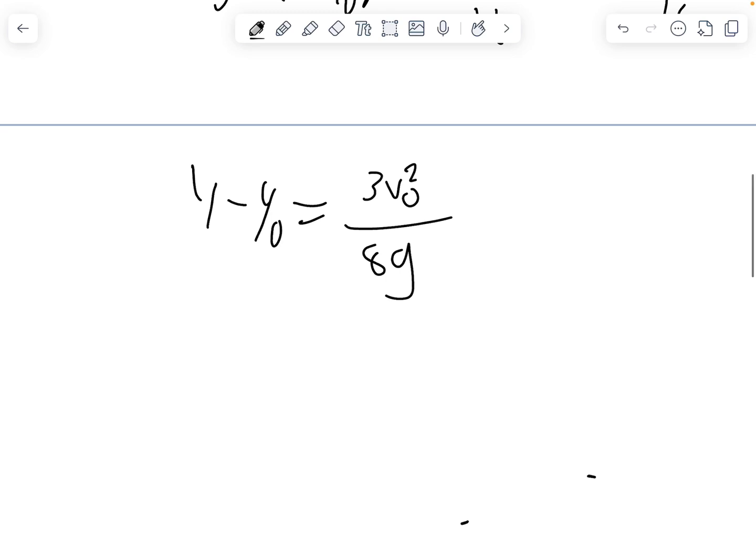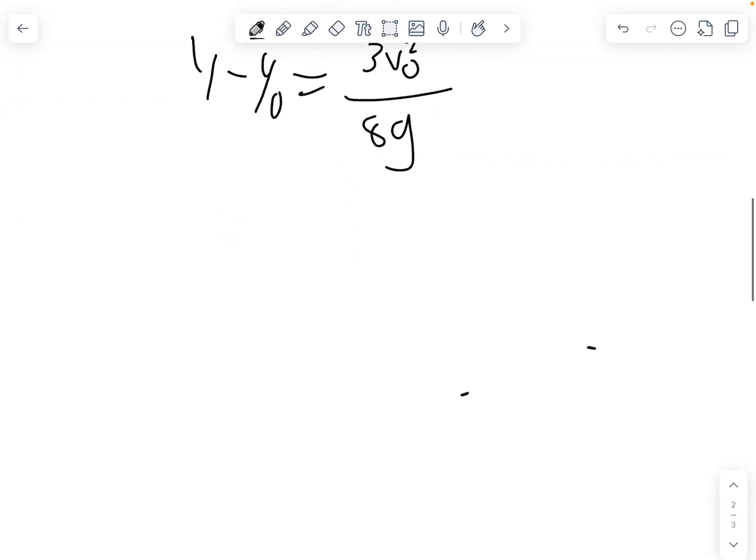Then if you multiply both sides by 2g, y minus y zero equals 3 times initial velocity squared over 2g, because you multiply both sides by 2g.